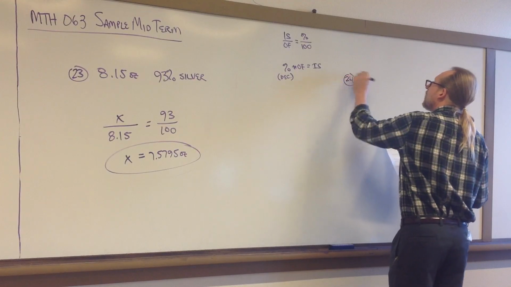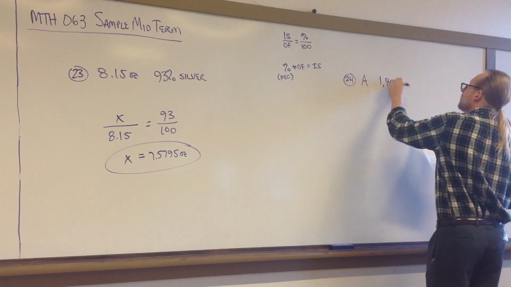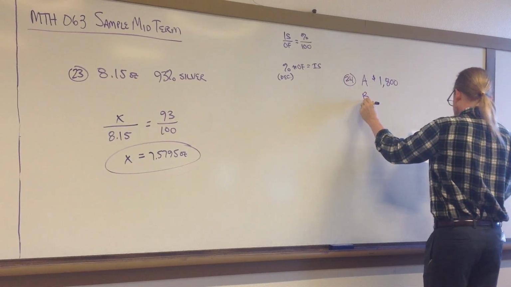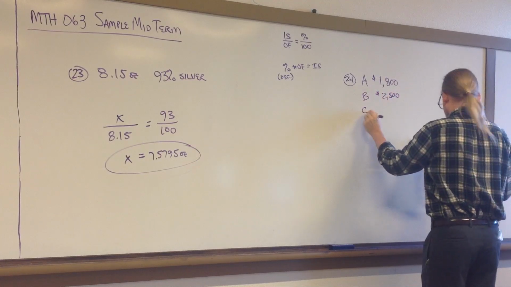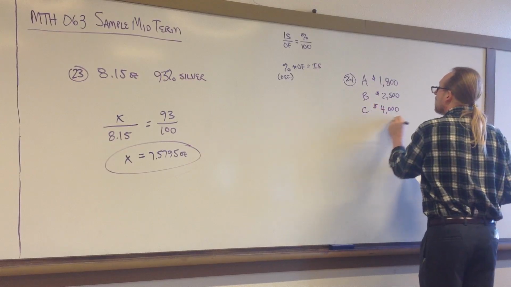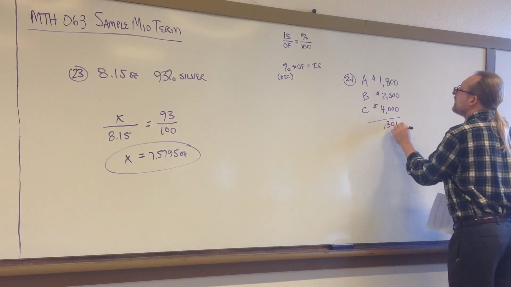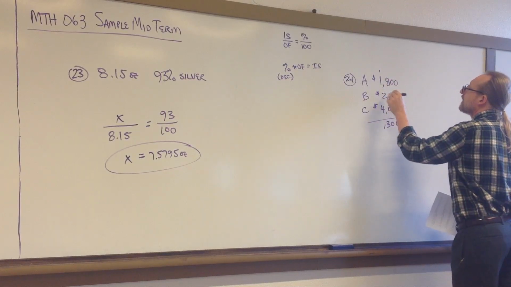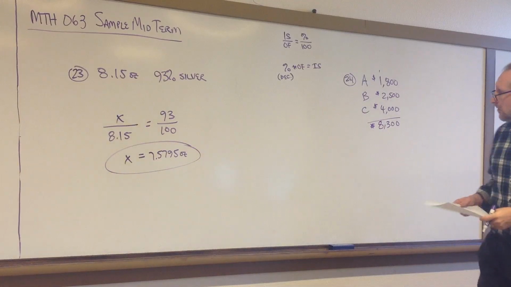All right, problem 24. Alan is $1,800. Betty is $2,500. Charlie is $4,000. So the total is $8,300.